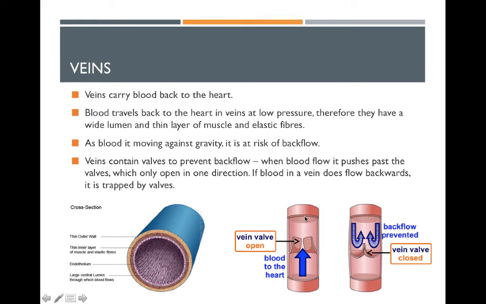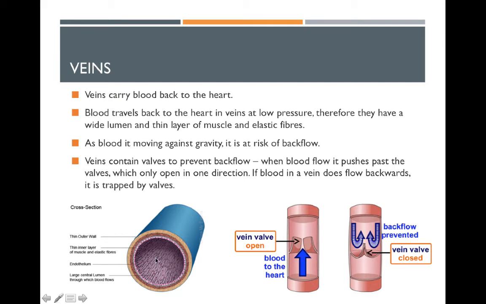So once the blood has gone through, the valve closes back over, and even if blood in the vein does get pushed backwards a little bit from gravity, it can't go very far, okay? And it does still get a little bit of pressure with each pump of the heart, so essentially it can travel through some valves with each pump, and then when there's not a pump, it stops the blood flowing backwards through the body, okay?